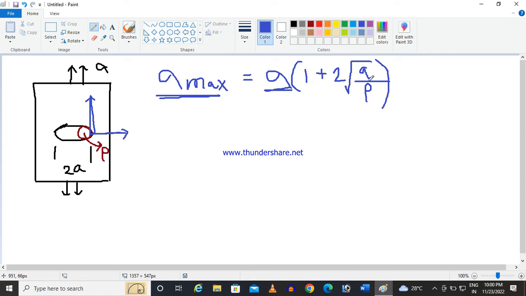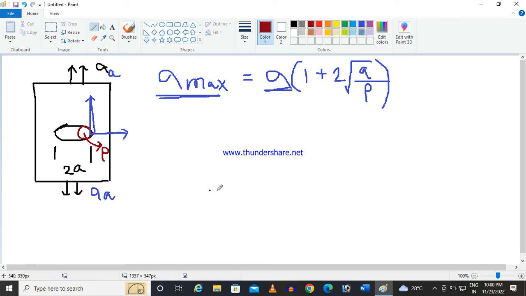And if the crack length is more, then also the maximum stress will be more. From this equation it is very clear. Here we give names, sigma A, meaning sigma applied, and sigma maximum.